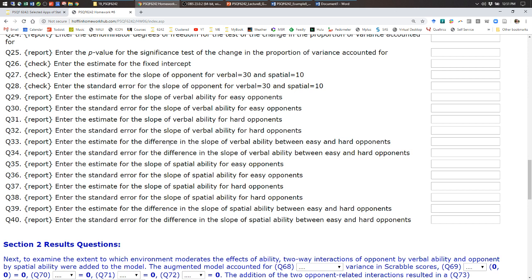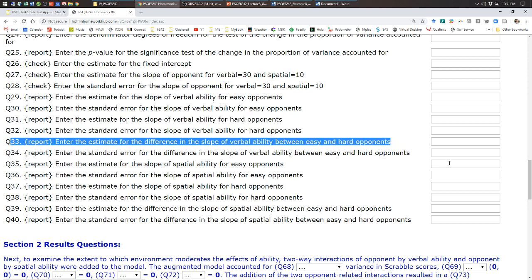I will tell you that I deliberately ordered these in such a way that the answers follow one another. So for instance, here is the slope of verbal for easy, and then there's the slope of verbal for hard, and then there's the difference between the two.